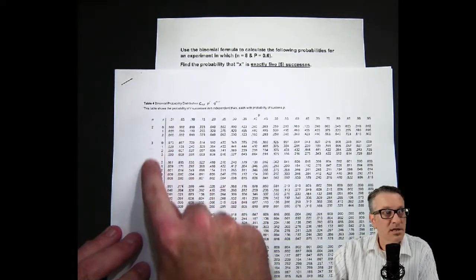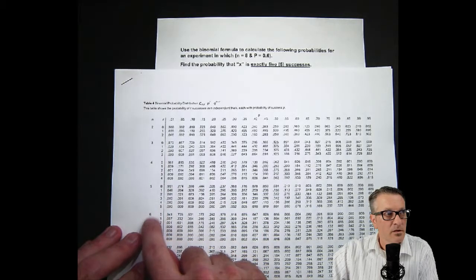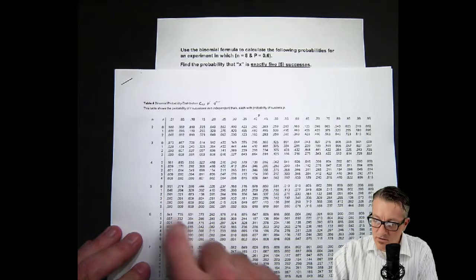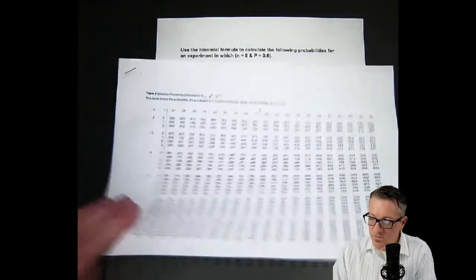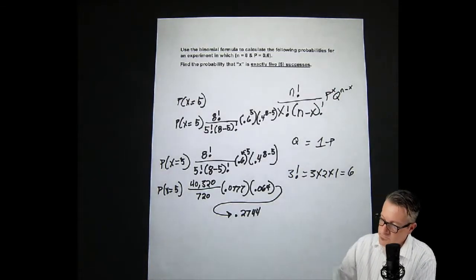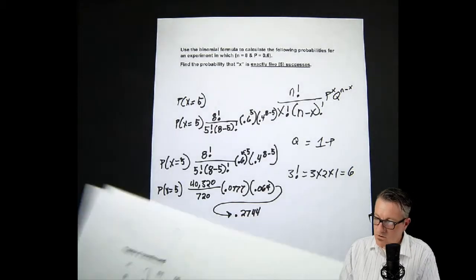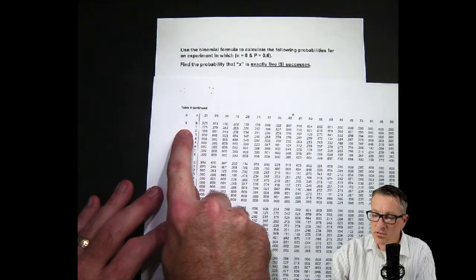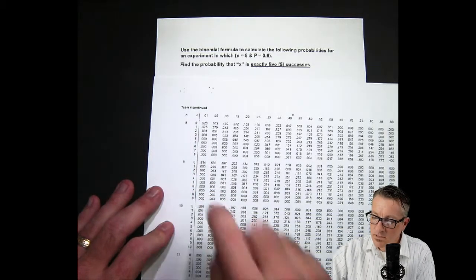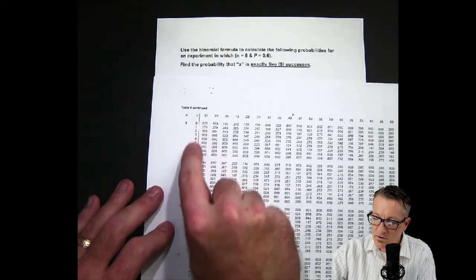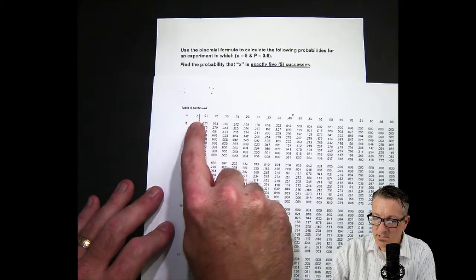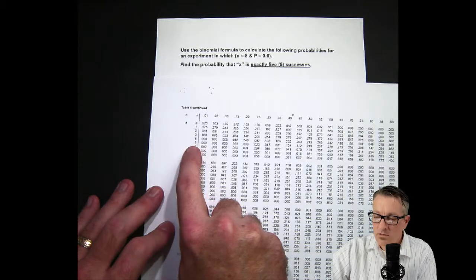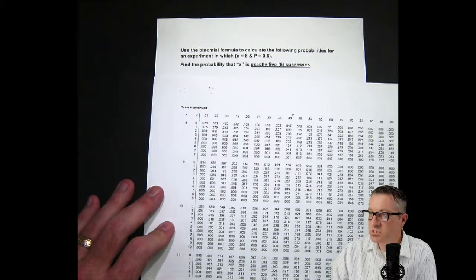We have n that goes down the side, and it goes all the way up. So in this case, we're using 8 for n. We're going to find our n is 8, and then our 5 is right here. This is the x. In this case, it says r, but this is the 5 that we are looking for. So I'm going to zoom in just a little bit.